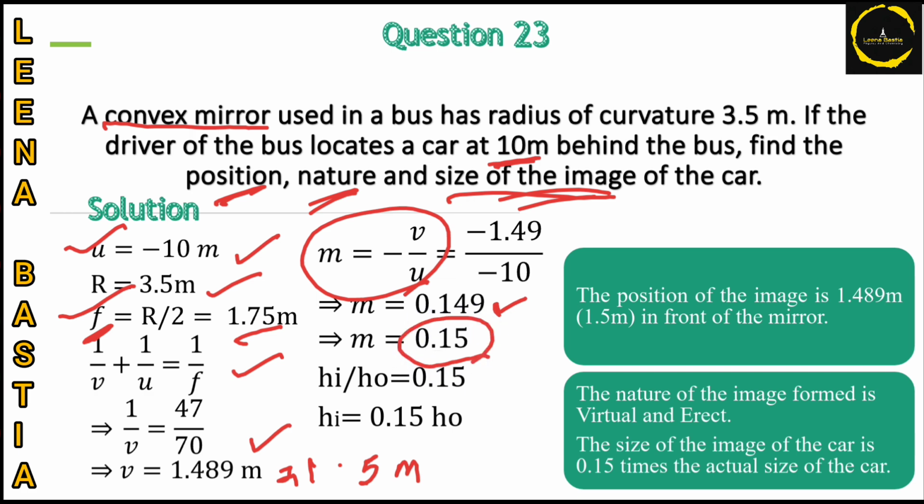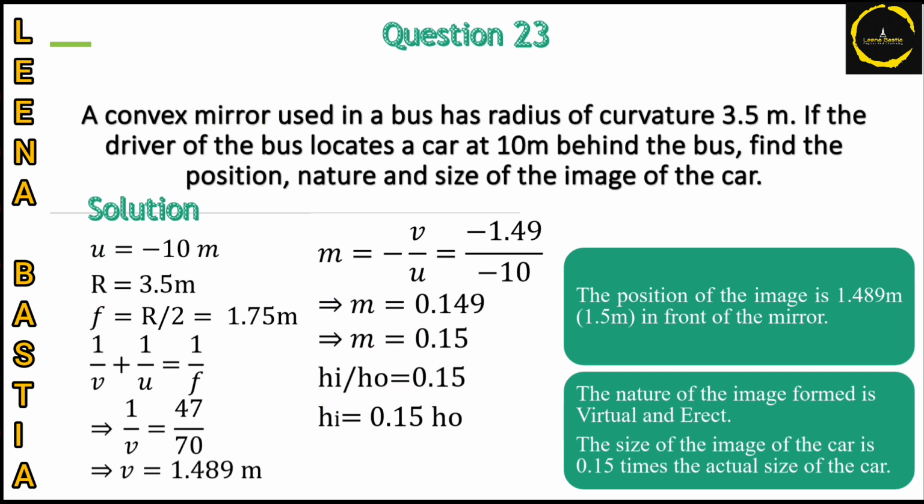Now you know M formula is HI by HO. So I have just substituted the value over here, because we don't have the data for either of these two, HI and HO. So I can simply write that HI equals to 0.15 HO. This can be written as: HI, the size of the image, is 0.15 times that of the original object size, right?